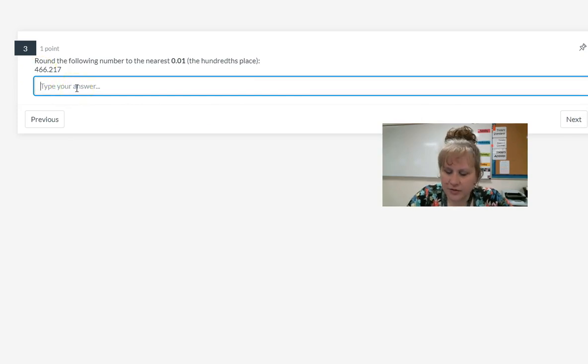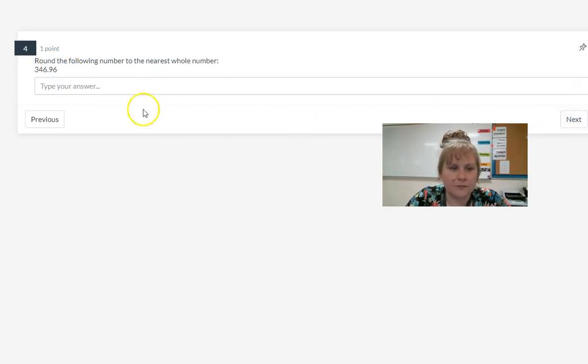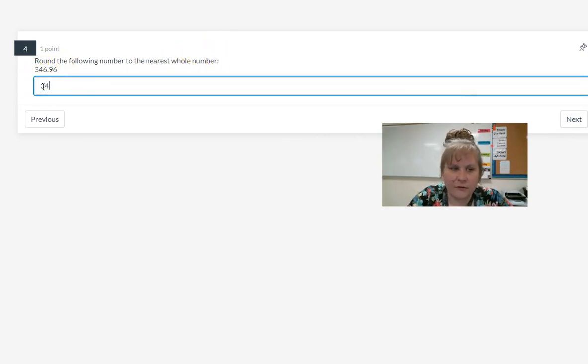Next, rounding to the hundredths. Keep everything before that, 466.2, and we're going to round this 1 up to a 2 also, leave off everything after that. Nearest whole number is to the ones place, 3, 4, and this 6 is going to get rounded up to a 7.